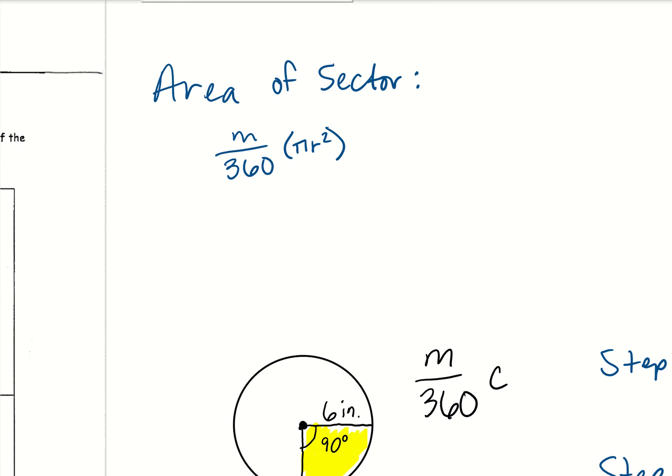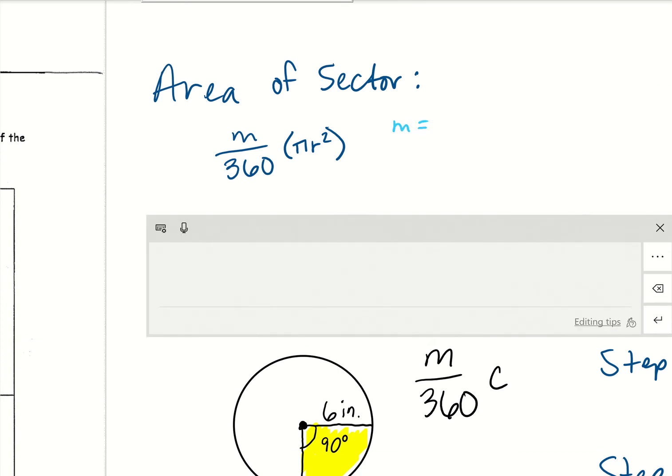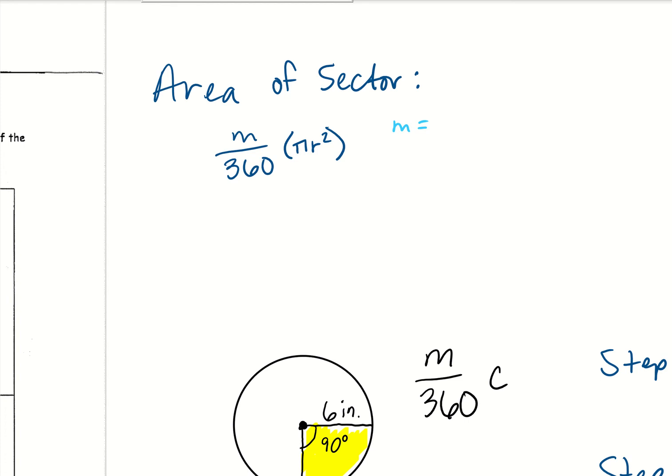Just as a reminder, m still stands for angle measure, so that's nothing new. And r is still our radius. The rest is stuff we've seen before, and we already have filled in for us, so we don't have to worry about it too much. So that's our formula for the area of a sector.